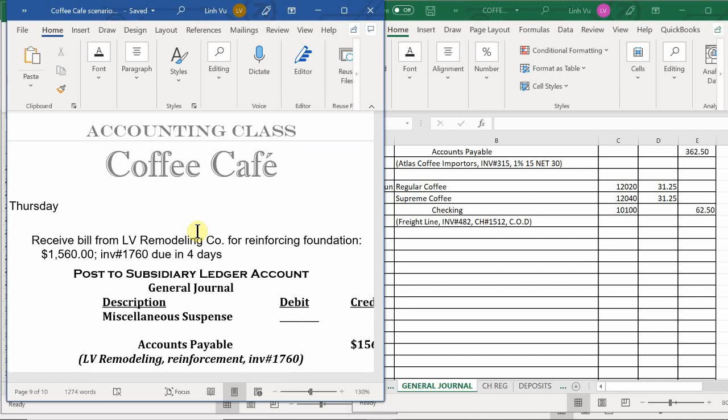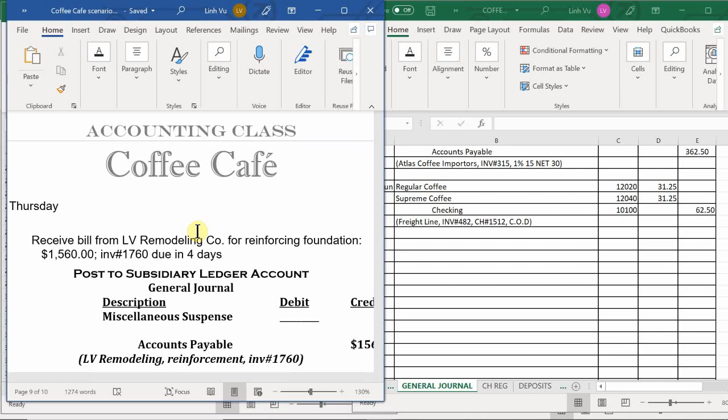Because I'm the accountant, I want you to put it in miscellaneous expense. Maybe another accountant might tell you to put it in coffee grinder. Yes, you can, but it depends on who your accountant is. I'm telling you to put it into miscellaneous expense until you know exactly the total cost.